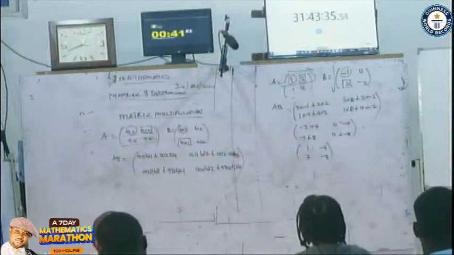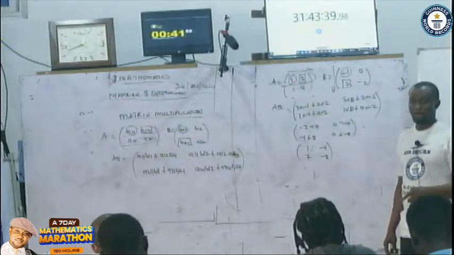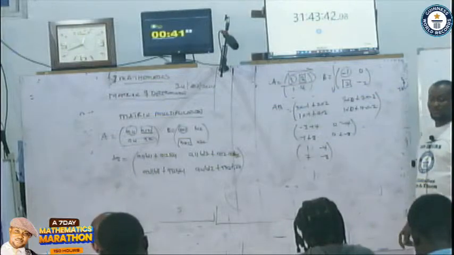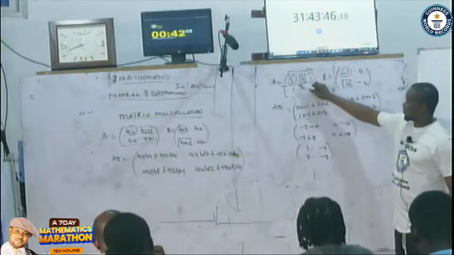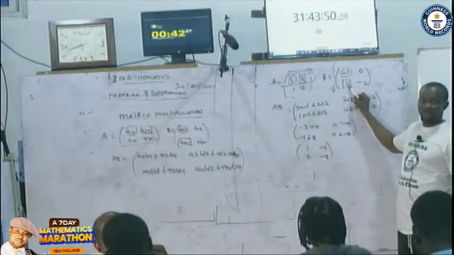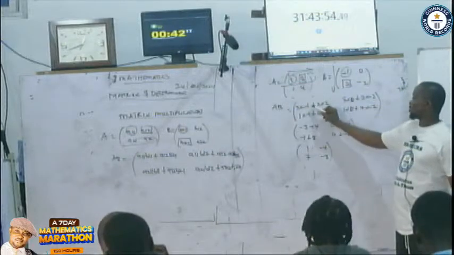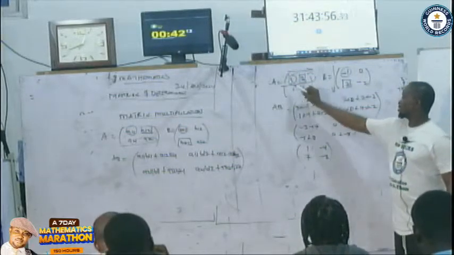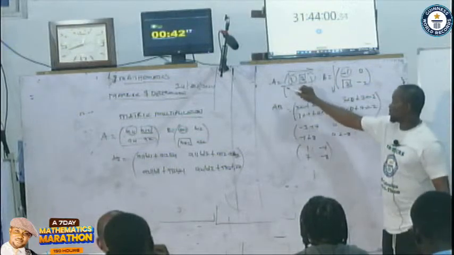Let me explain again so that you understand. Multiply the row with the column. The first row with the first column, second with the second. Have you seen that? 3 times minus 1 plus 2 times 2. The same one also goes for this one.